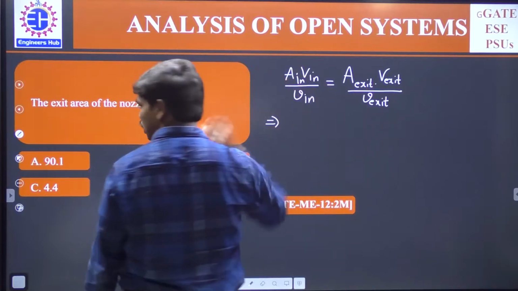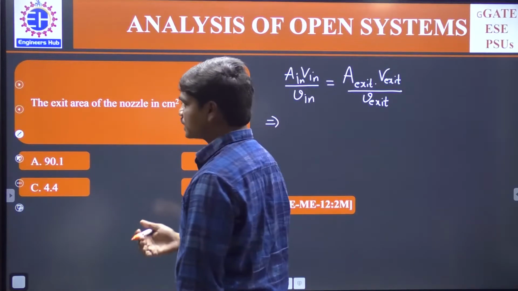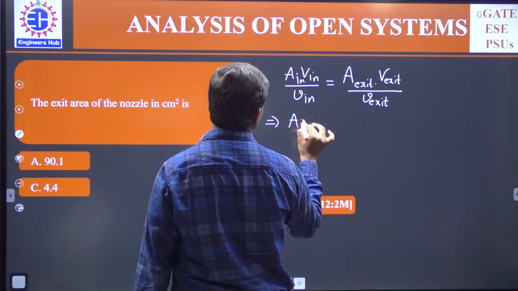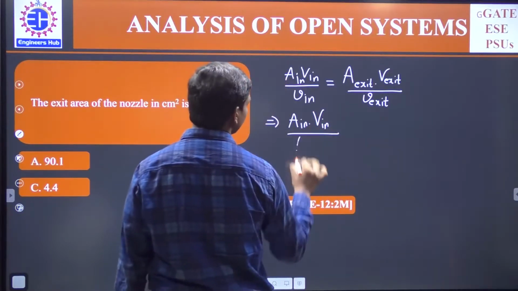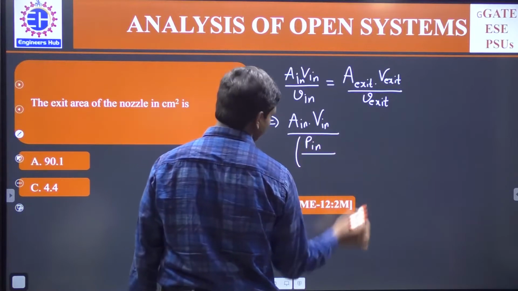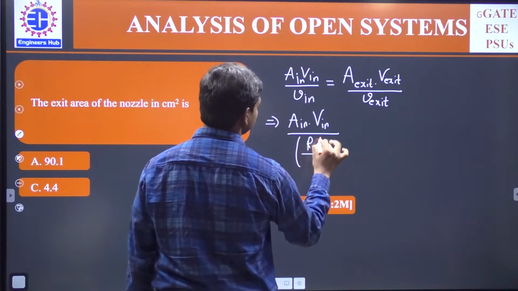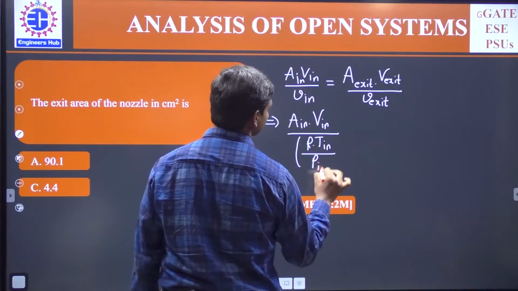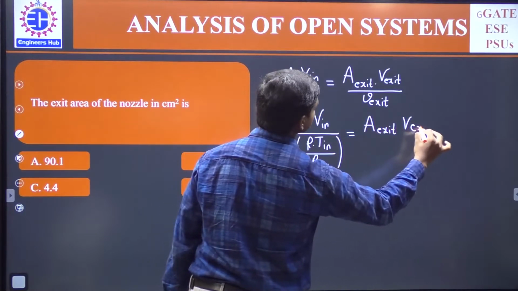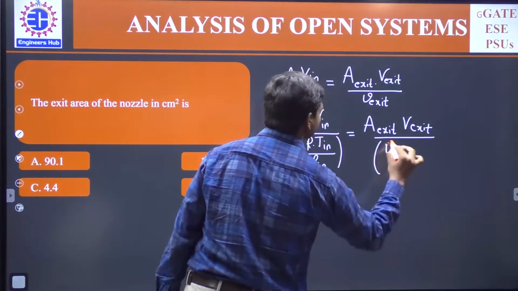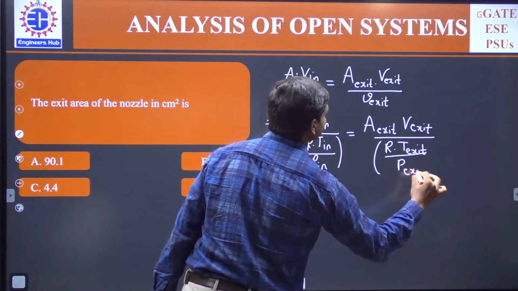Since we have the ideal gas equation Pv equals RT, instead of v we'll write RT by P. So A inlet into V inlet divided by R T inlet by P inlet is equal to A exit into V exit divided by R T exit by P exit.